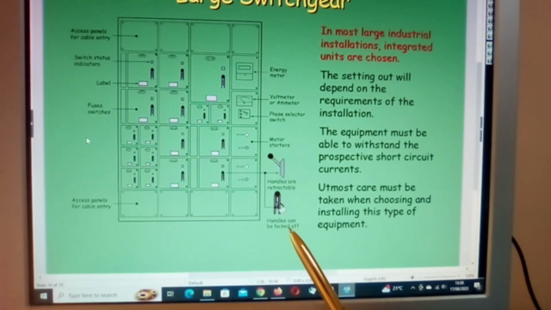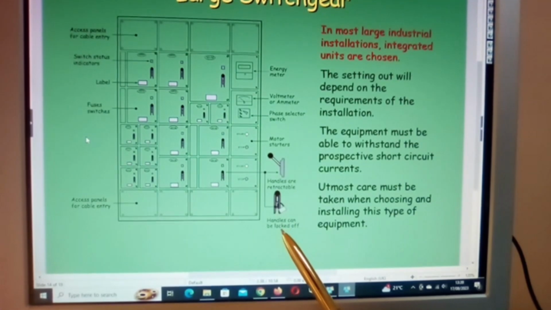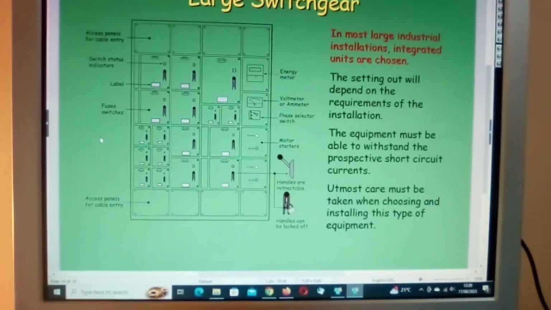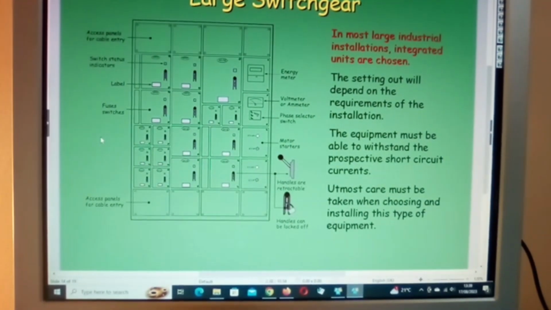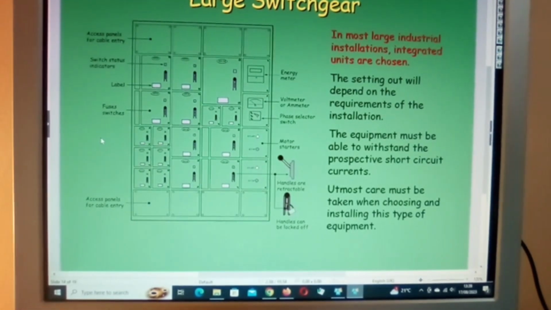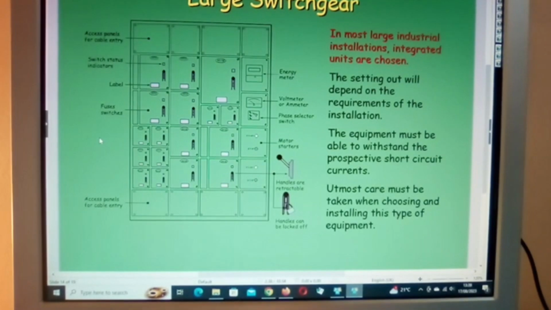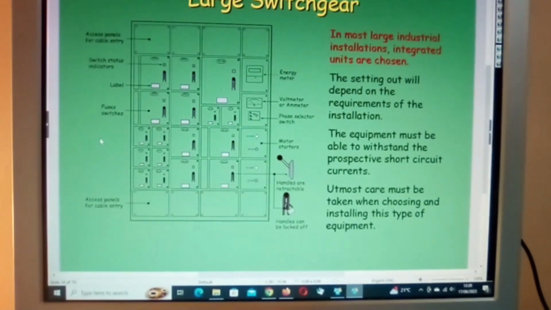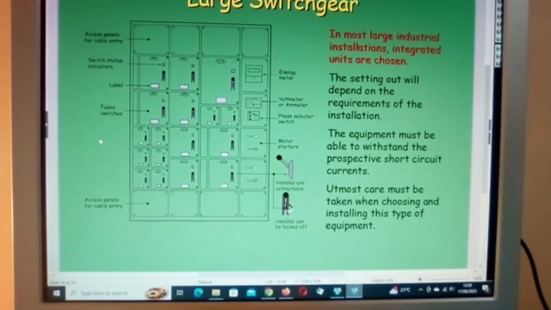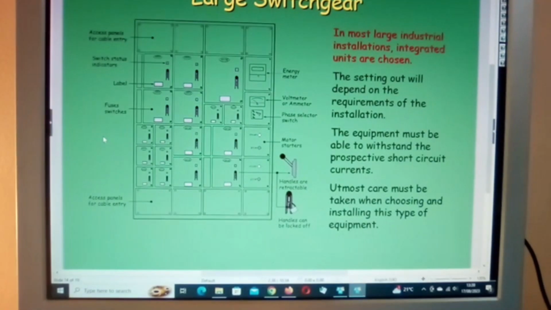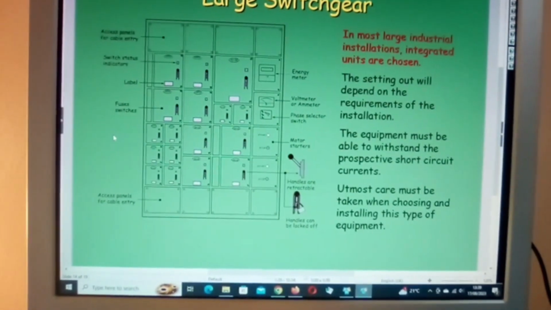Okay, this is your main large switchgear for supplying something like Land Rover, or supplying Kia car company or something of the sort, or a very large factory production, etc. Okay, so that's a system which would be utilized for that purpose.